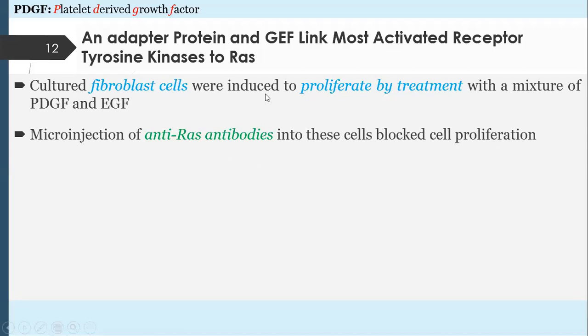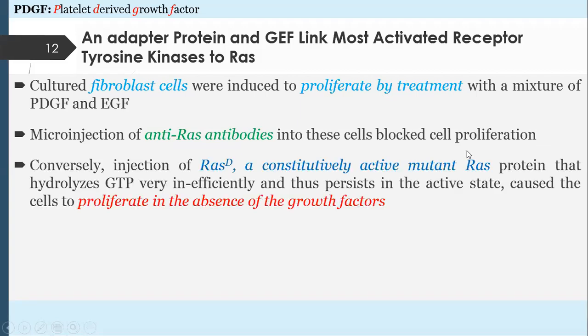That means the RAS protein has a role in the pathway linking with the receptors, and when antibodies against RAS proteins were used, cell proliferation was blocked. After that, RAS-D was injected, which is a mutant of the RAS protein.